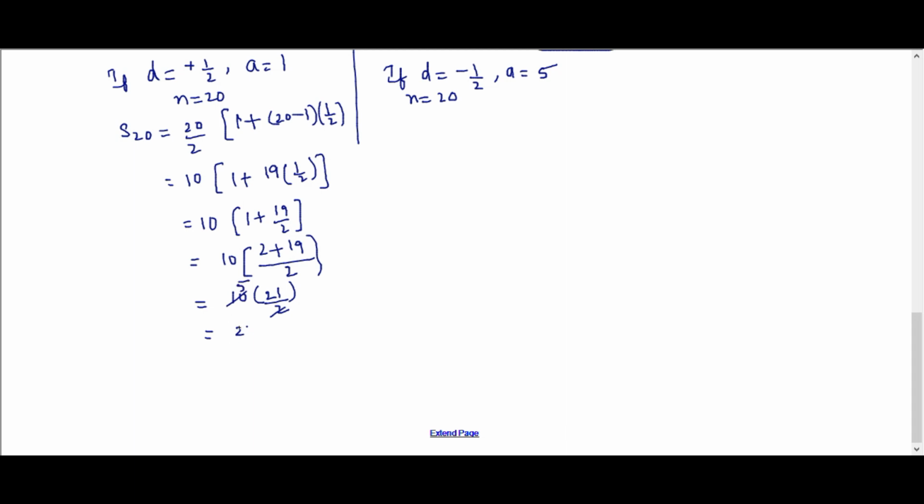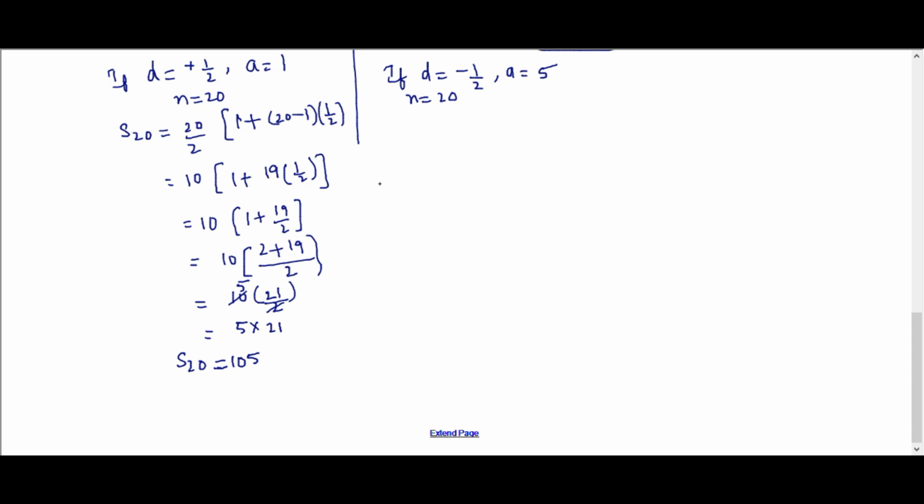So it will become 5 times 21. 2 gets cancelled, which will become 105.